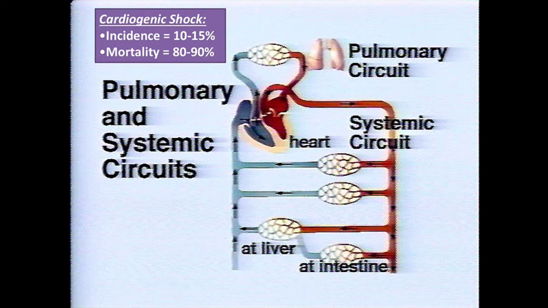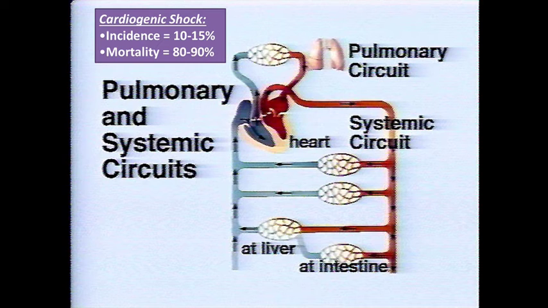Cardiogenic shock is not that common. It's going to be a lot more common if somebody's had a significant heart attack. It's going to be very likely if greater than 40% of their myocardium is affected. But that's about 10 to 15% of heart attacks, to that degree or that extreme. But if someone does develop cardiogenic shock, the mortality is in the neighborhood of 80 to 90%.